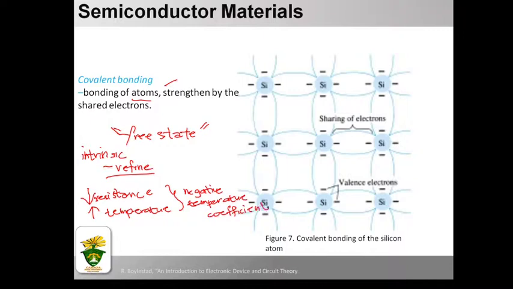Again, silicon and germanium are semiconductor materials that have a negative temperature coefficient because as the temperature rises, the resistance decreases.